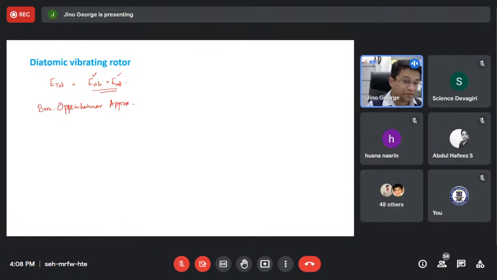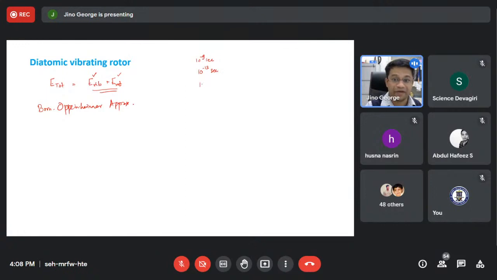So that means the rotational time scale I was mentioning is happening in nanoseconds or maybe very slow, whereas vibrational events happen in nanosecond to picosecond range. Nanosecond is 10 power minus 9 second, whereas vibration happens at 10 power minus 13 second.